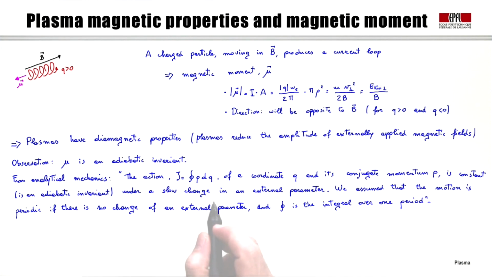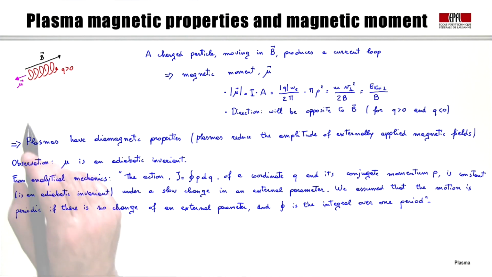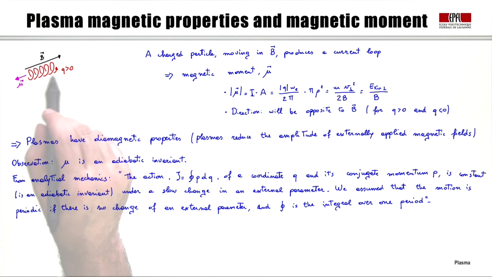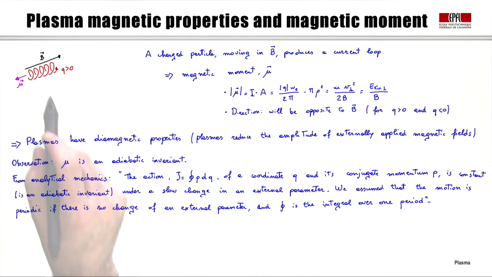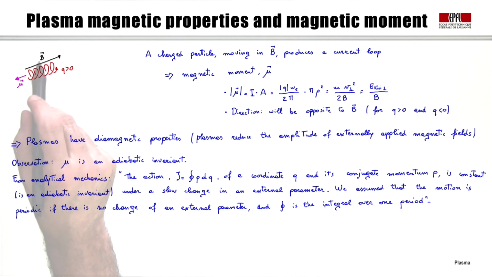What does it mean? Let's suppose that we have a periodic motion of a particle, for example, the motion of this particle in the presence of a magnetic field. Then we evaluate this integral, and we find that it is constant even when you slowly change an external parameter, which could be, for example, the magnetic field.